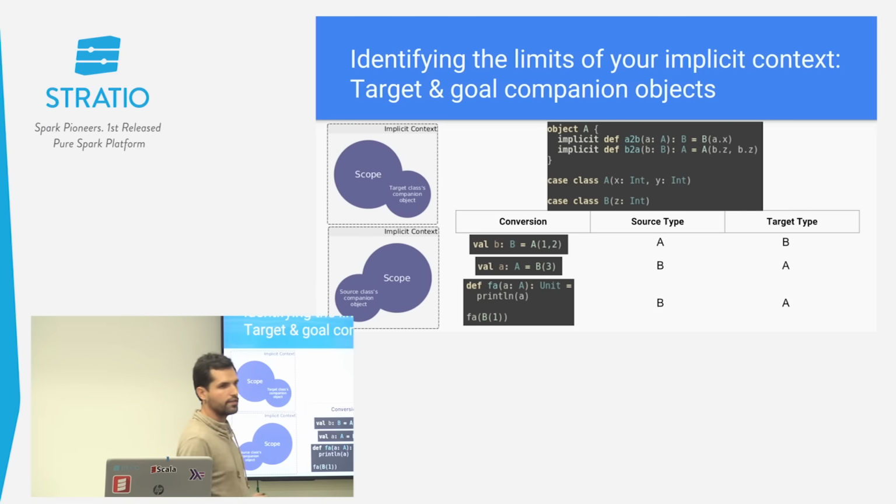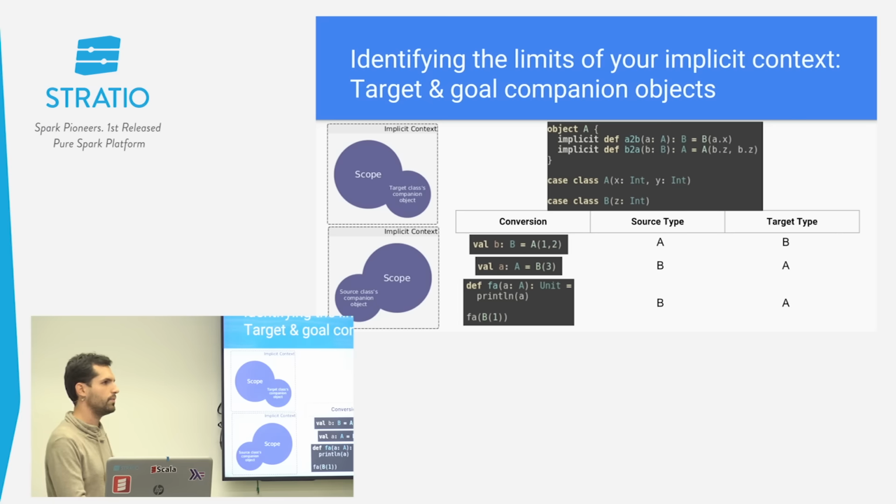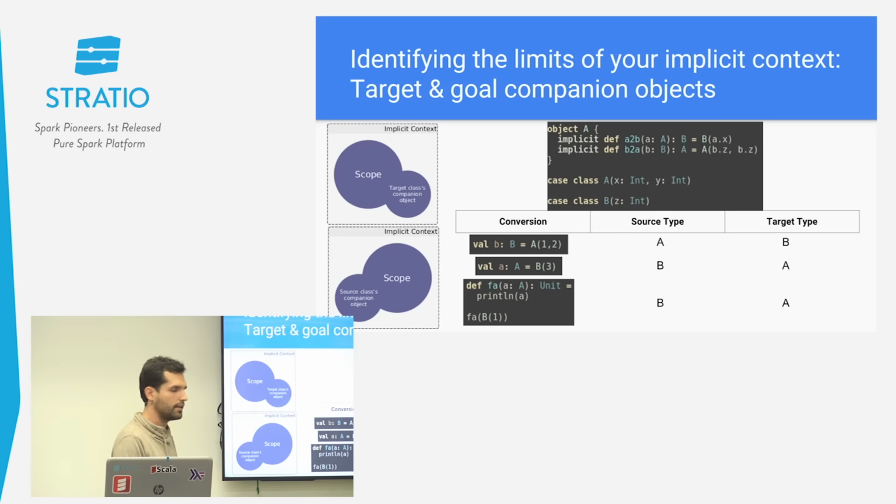And that's all, there are no more pockets here. There is no trick. Whenever you find that you are getting implicit conversions or implicit values without knowing exactly where they come from, go to three places. Go to your scope, the implicit context. Go to the companion object implicit definitions.